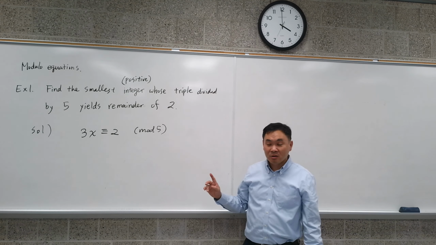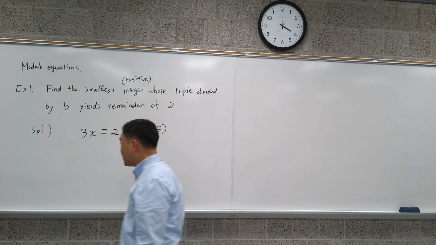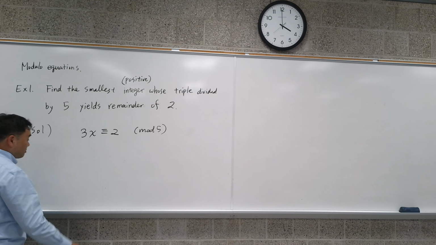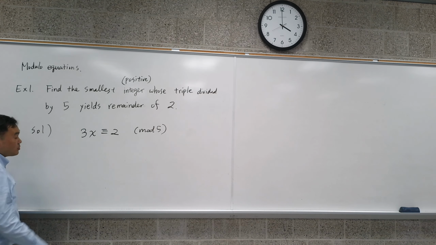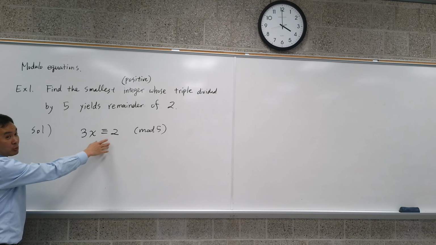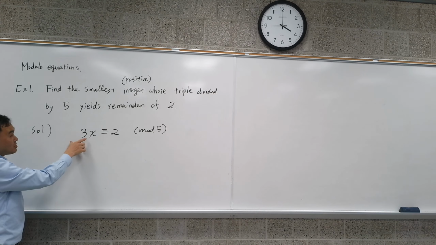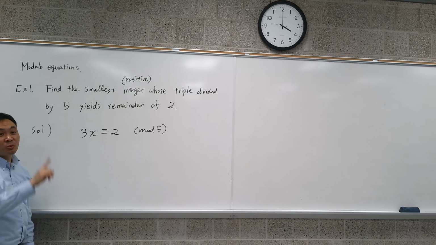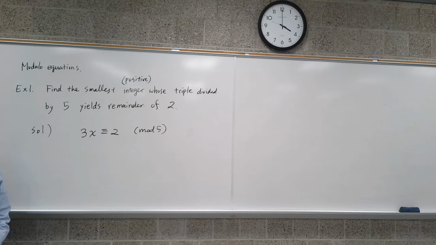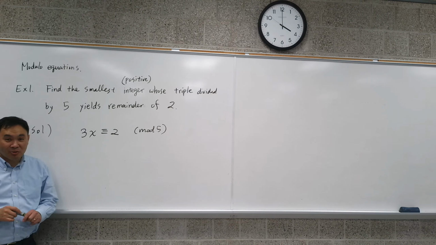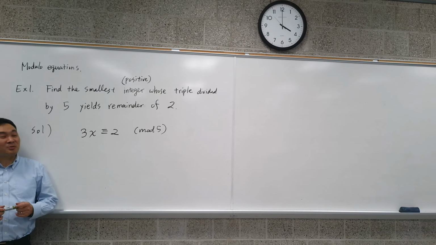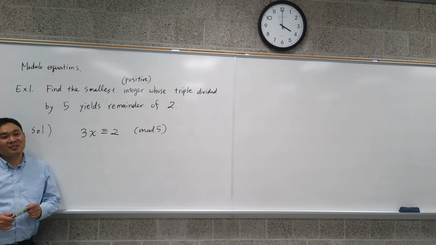Therefore, instead of division, you want to multiply both sides by something so that the left side turns into 1. Is there such a number? It's really hard to think of if you haven't seen it.